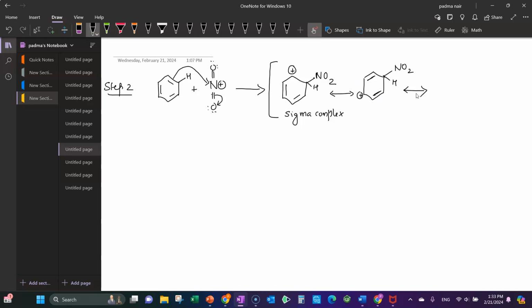Here we do the third one, where you move the pair of electrons between these two carbon atoms, and then the positive charge is on the other carbon. So we keep this intact. We have pi electrons move over here, positive charge goes over here, NO2 is still here, and the hydrogen. So this is my resonance stabilization.